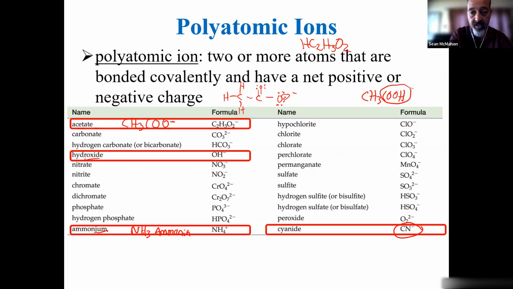And that extra electron, where they actually got it, was from acetic acid. This electron actually came from a hydrogen.